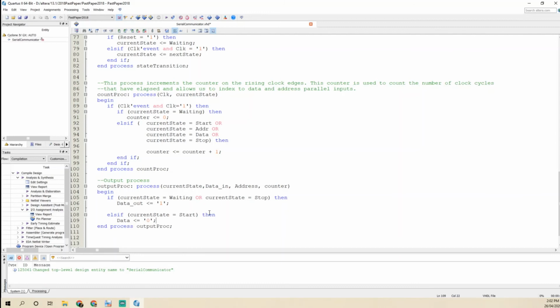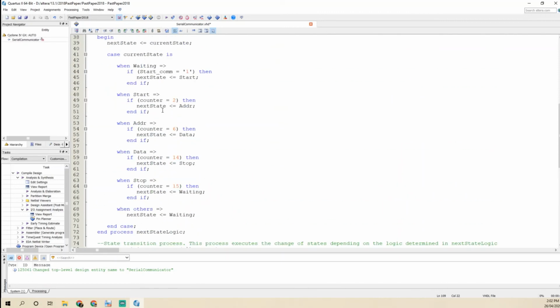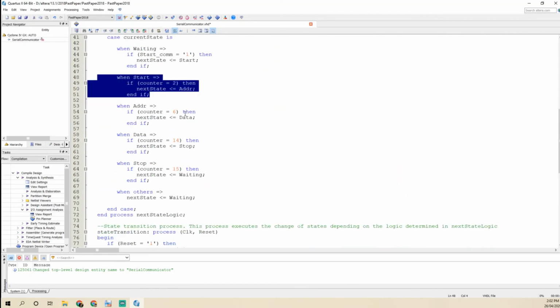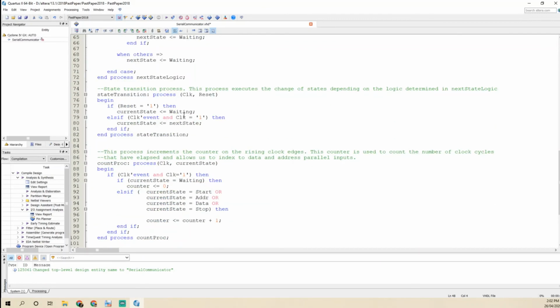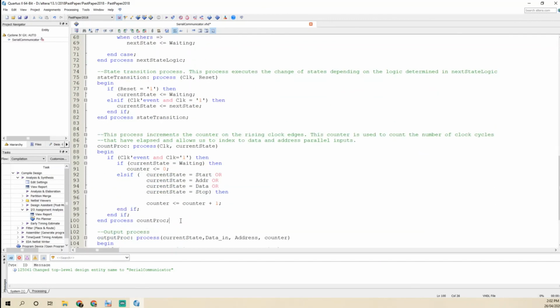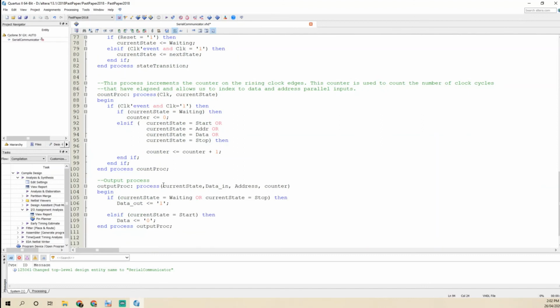Again, we don't need to count the number of zeros in this process to see if I'm sending out 2 zeros, because I'm going to exist in the start state for 2 clock cycles. Those 2 clock cycles we know are going to last 2 clock cycles from the counter process. And as long as I send out a 0 in that start state, because the other process ensures that I'm in the start state for 2 clock cycles, I'm going to send out 2 zeros.